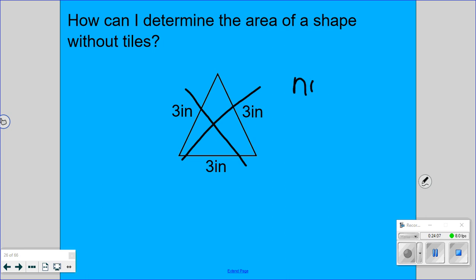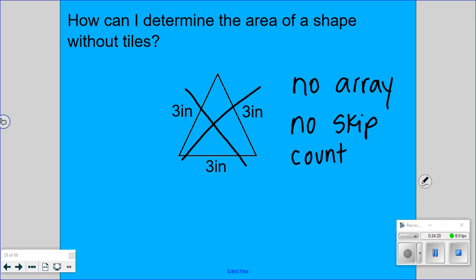Put a big X on that triangle. No. And we're going to write no array. If there's no array, there's no skip counting to find the area.